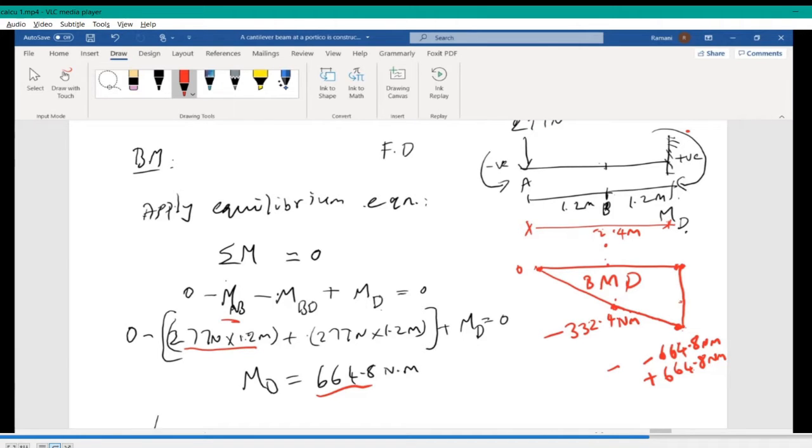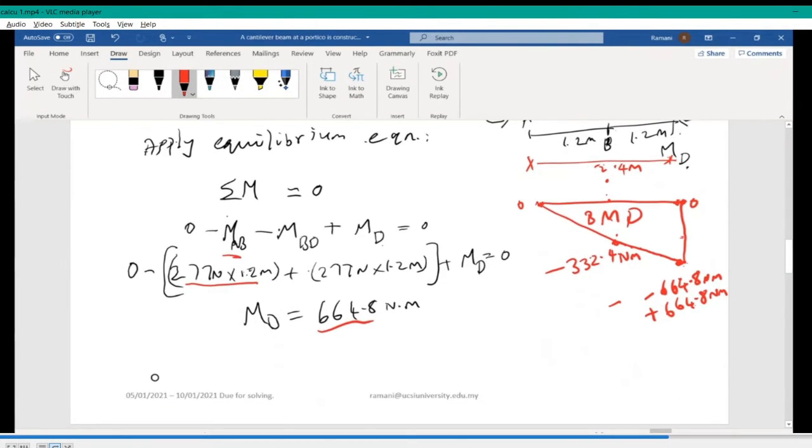Already it was at minus 664.8. At 664.8, it will go back to 0. So this is how you do the bending moment diagram. All negative here because of the resultant direction of loading and moment. Any question? I stop here for bending moment.